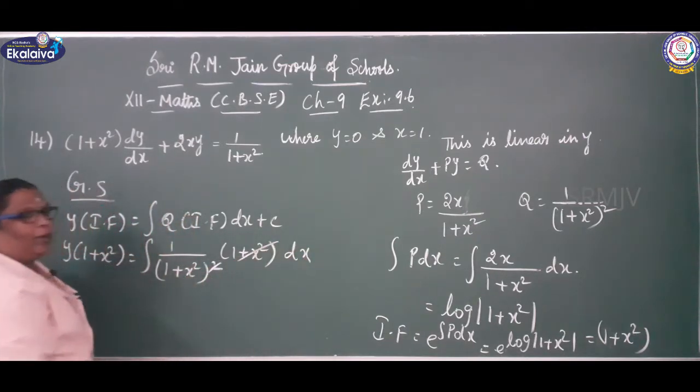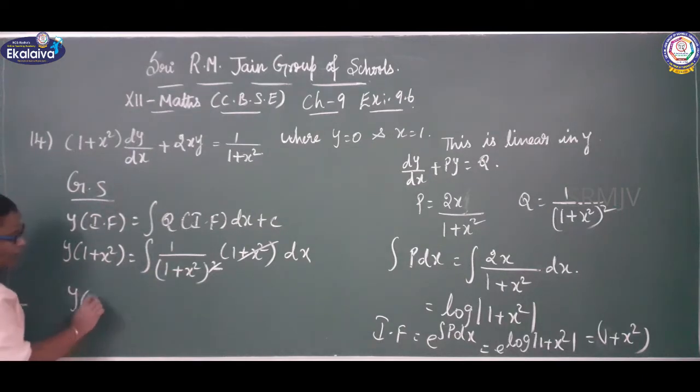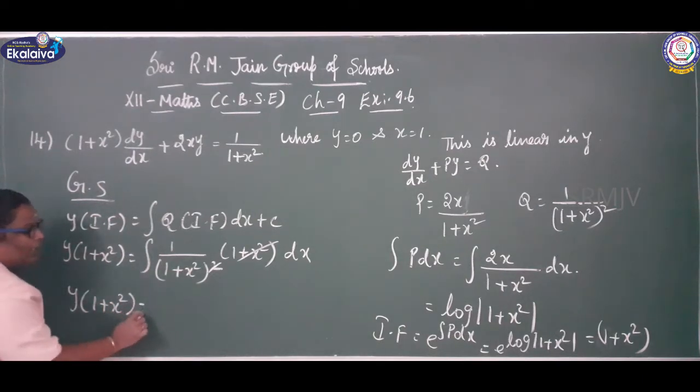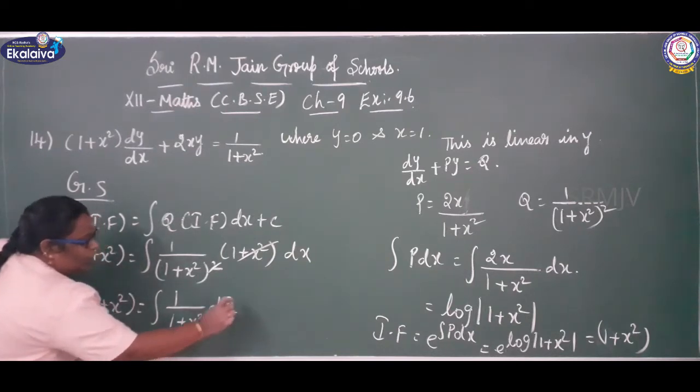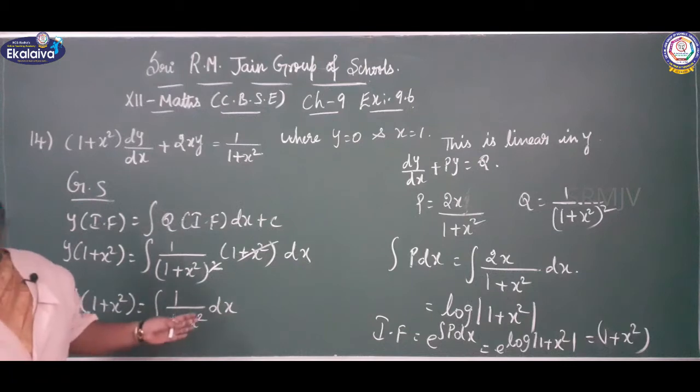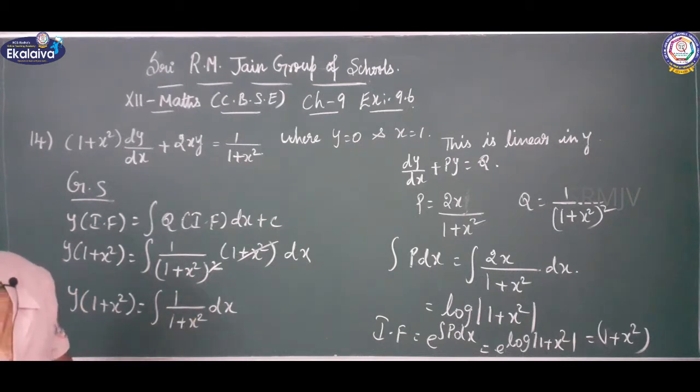When you cancel the value, y into 1 plus x square equal to integral 1 by 1 plus x square into dx. So what is the integration of 1 by a square plus x square?